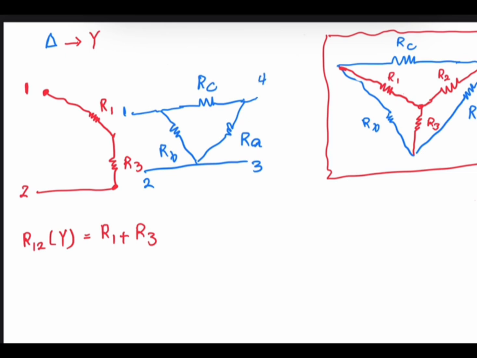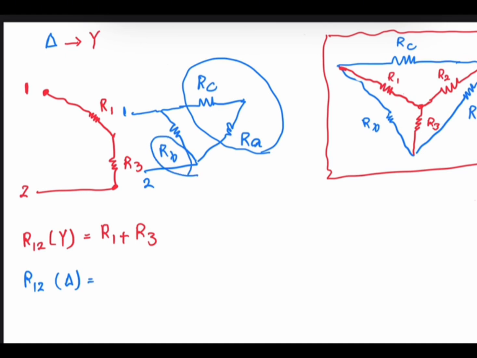So if I only consider that terminals 1 and 2 exist, what is happening for finding R12 in delta format? I can see that RA and RC are in series, and these two in series are in parallel with RB. Therefore, I can write RB parallel to RA plus RC.